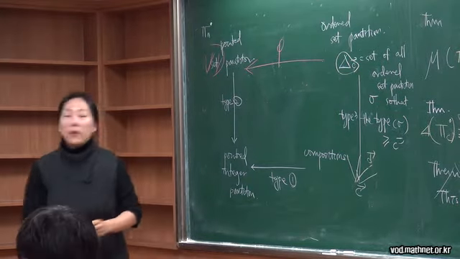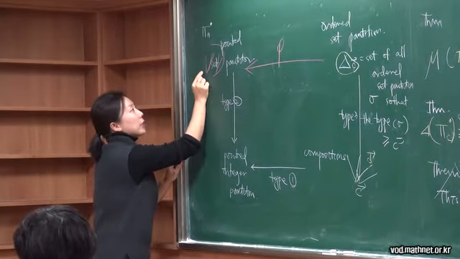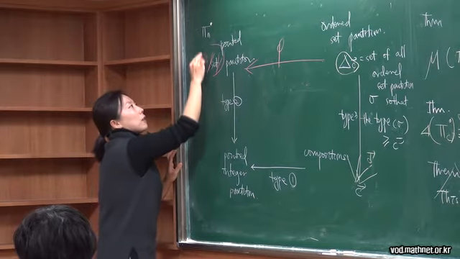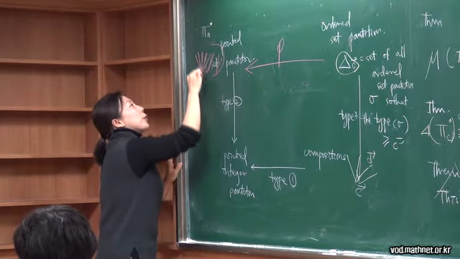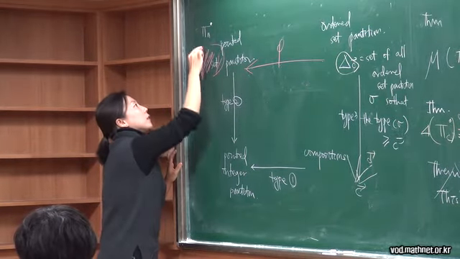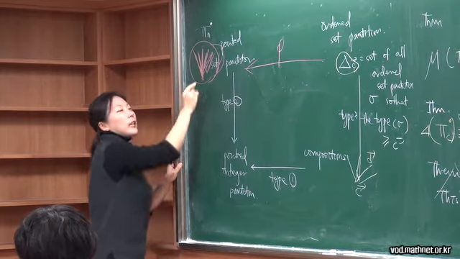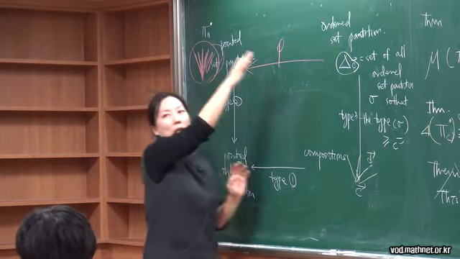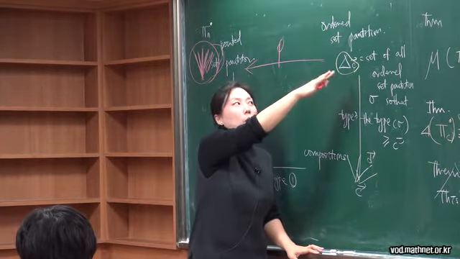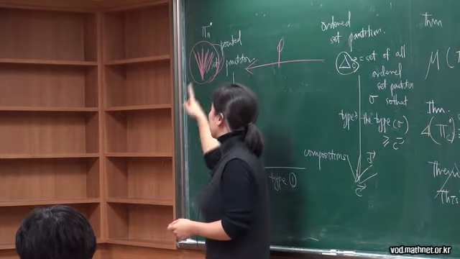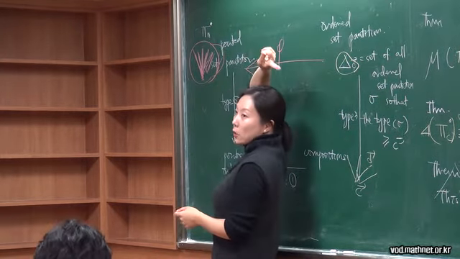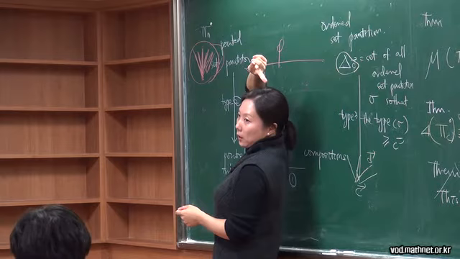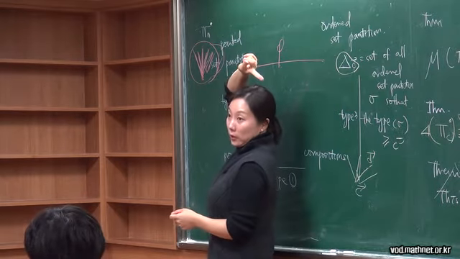And if you have some x here, we have some cones. The inverse image of this is again a cone, as we proved, so it's contractible.